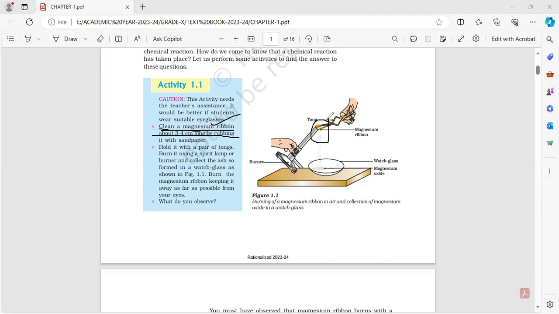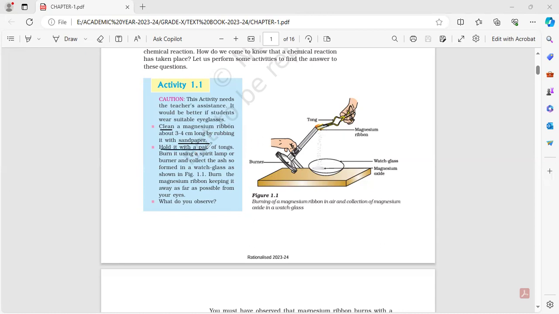If you do not rub it with the sandpaper and you try to burn it, it takes more time to get burned, and you will also not get the proper chemical reactions. For that reason, we need to clean it. Sandpaper is a rough paper, and whenever you use it, it automatically removes the magnesium oxide layer formed above the magnesium ribbon.